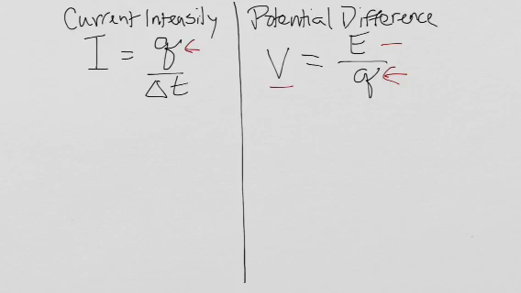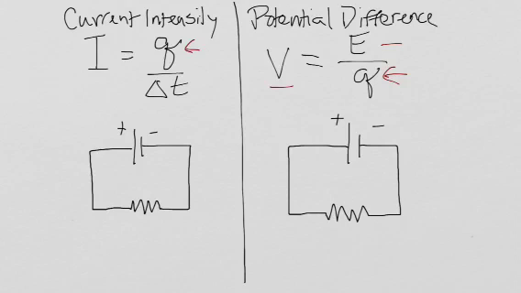I'm really glad that you picked up on the fact that Q appears in both of these formulas. Right now I'm going to draw out the circuit diagrams for something measuring current intensity versus something measuring voltage, or potential difference. When we're measuring current intensity, if we remember, current intensity is the number of charges that flow past a given point in the electrical circuit.